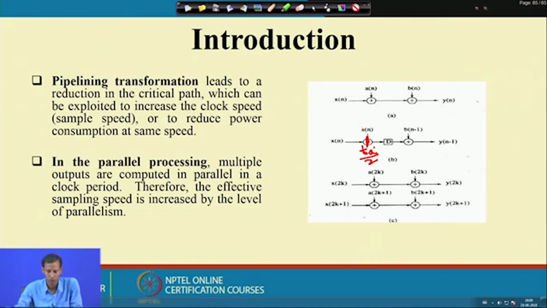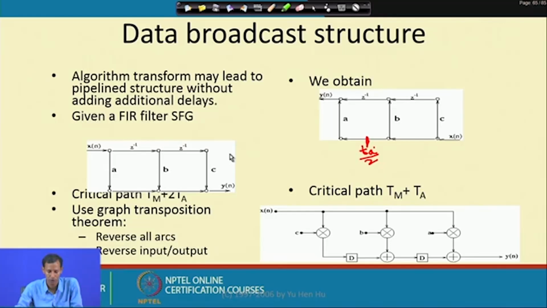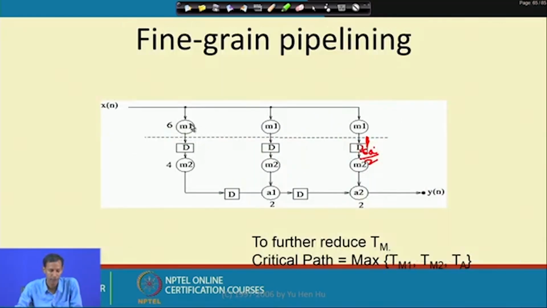If we take an example, you see this is one multiplier. Suppose this is the example of FIR filtering. Here I need a multiplier, and suppose the multiplier takes 10 nanoseconds.